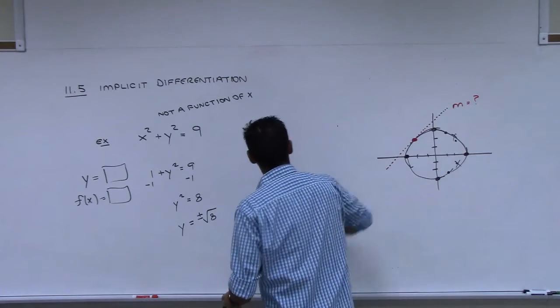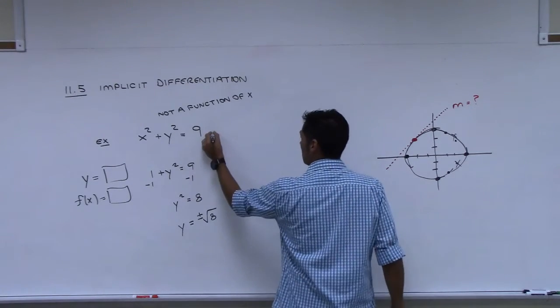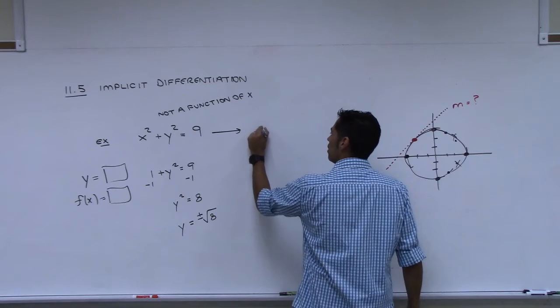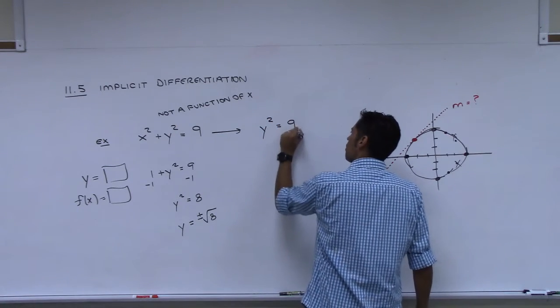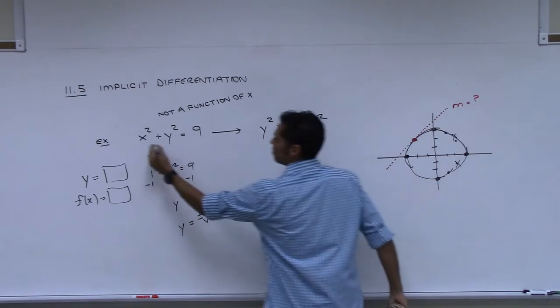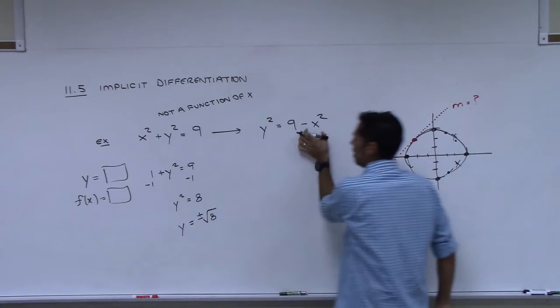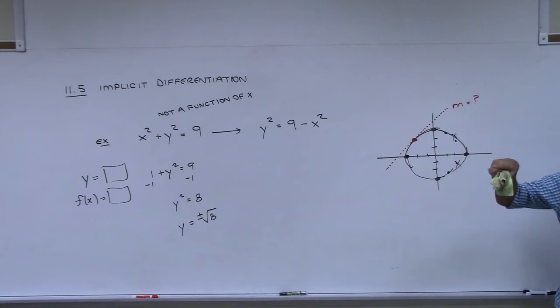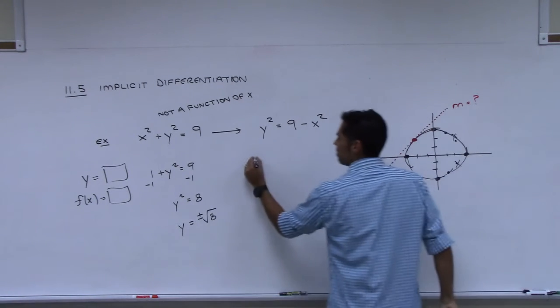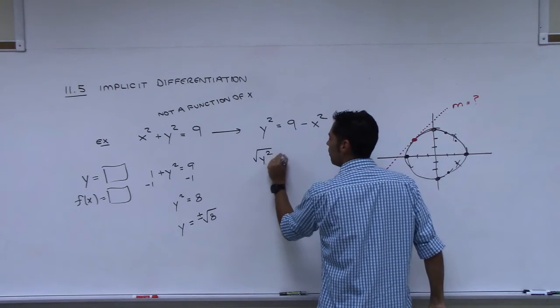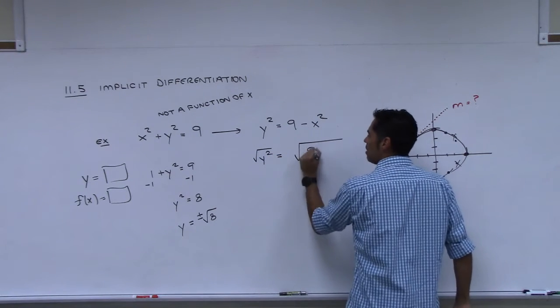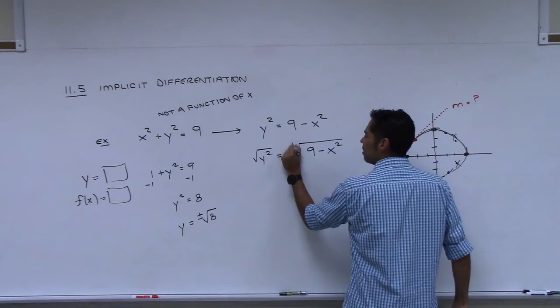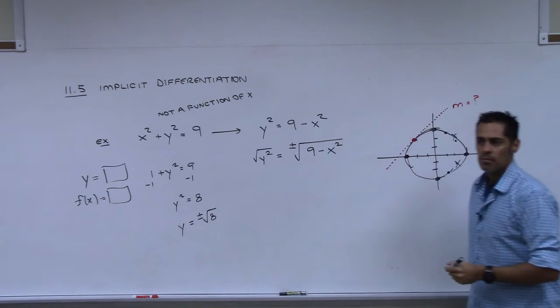So if I just try and solve this for y, then I could subtract x squared on both sides. So I take x squared away over here, I take x squared away, and I get this, right? The next step to get y by itself would be to take the square root on both sides. And when I do that, I'm going to run into a problem. The problem is that when you do a square root, you get a plus or minus.